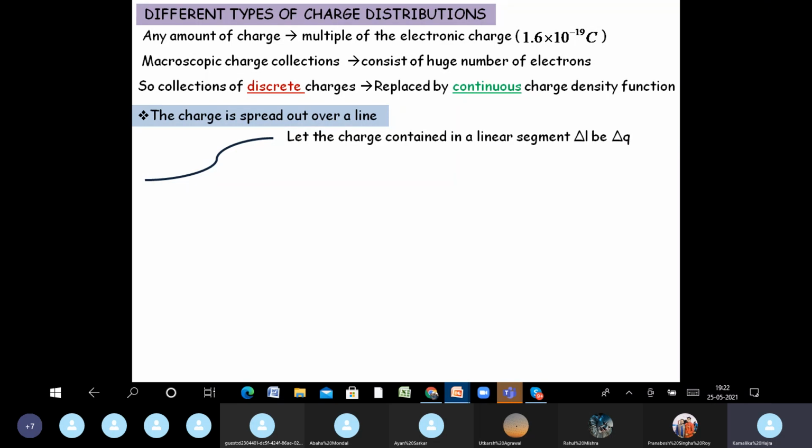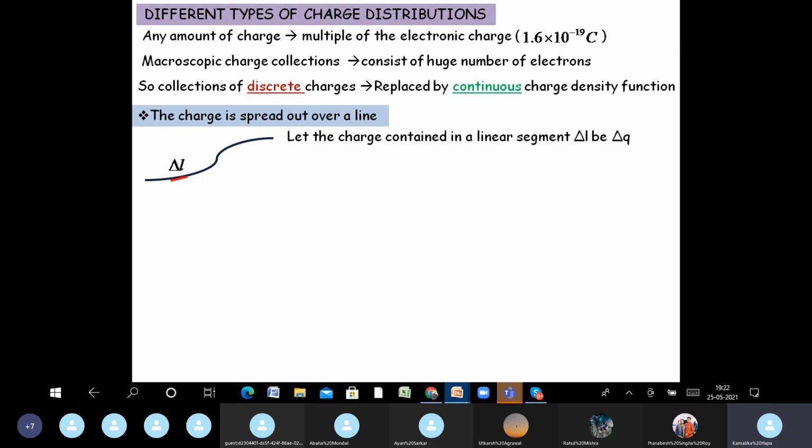If you consider a very small segment delta L of this wire, which contains an amount of charge delta Q. Now whenever I say delta L or delta Q, you understand from your knowledge of calculus that I am talking about differential amounts, very small infinitesimal amounts.